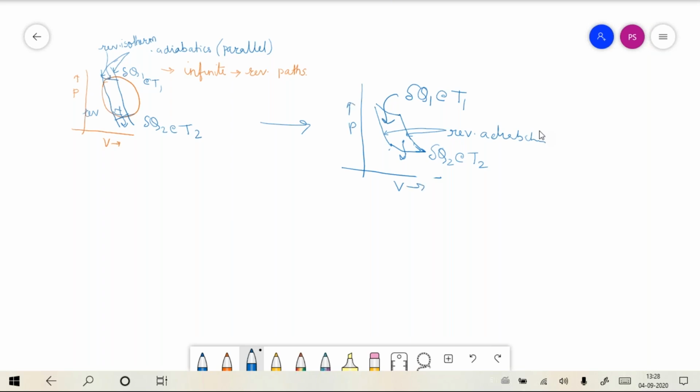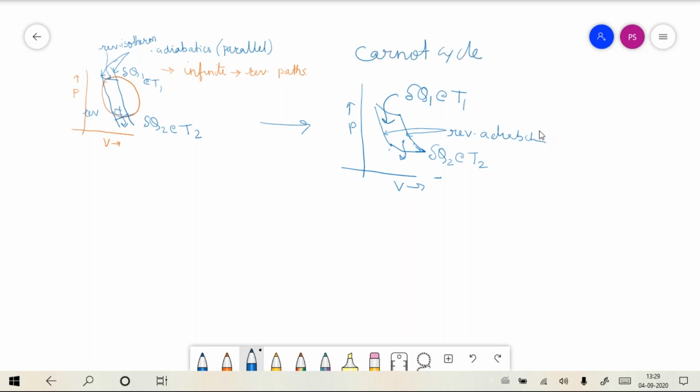So if you look at this, this small portion which I have taken of this reversible cycle is equivalent to a Carnot cycle. Okay, this is a Carnot cycle. Yes or no?